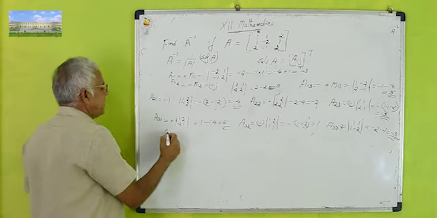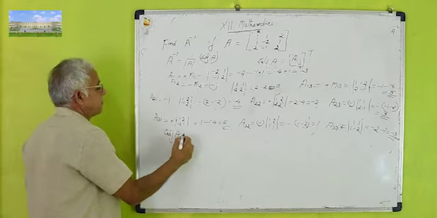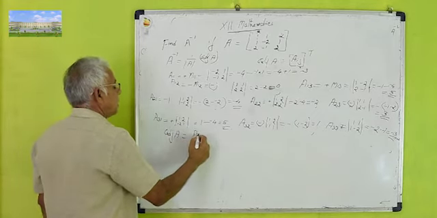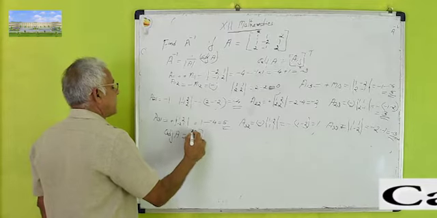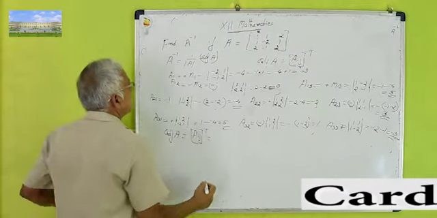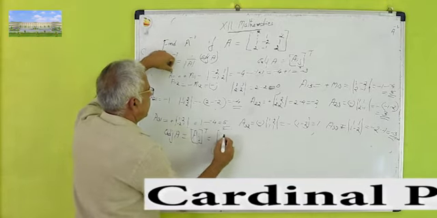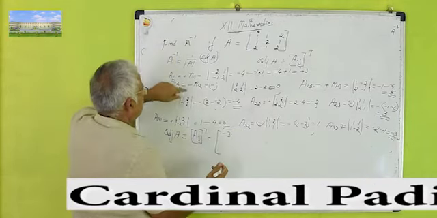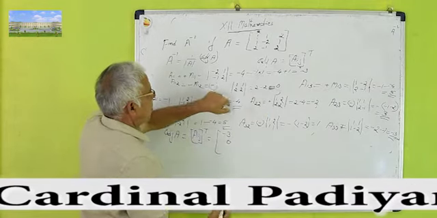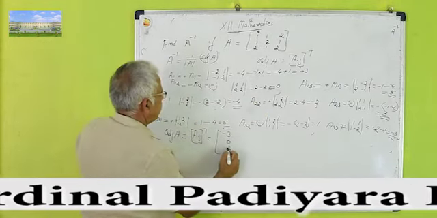So, adj A is the transpose of the cofactor matrix. Then A11 is -3, A12 is 0, A13 is 5.